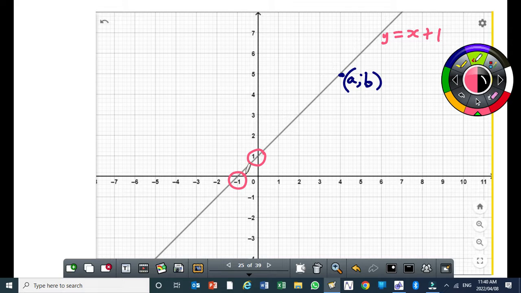If I choose a point along the straight line, like say this point here, remember, at this stage we don't know the coordinates of the center. So we can't give a specific value to A or a specific value to B. We are supposed to calculate those values. So let's say the center is here. It means X is A and Y is B. Do you agree with me that I can substitute this A into this equation, the B into that equation, because the point is along the straight line? You agree with me?